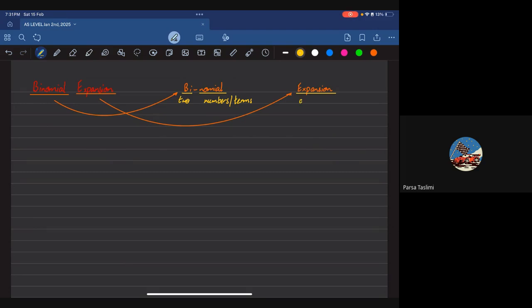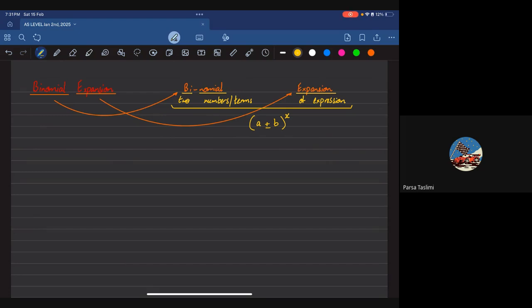So expansion of expressions is going to happen over here. If we group all of this together, it is kind of like a two-term expression, a plus b or minus b, whatever it is, being expanded.